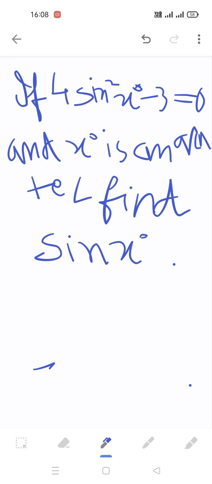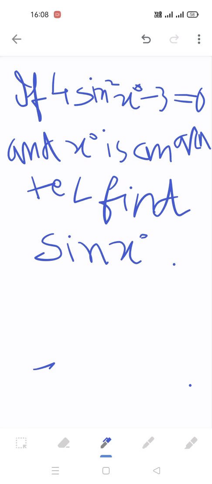ओके, सो नेक्स्ट क्वेश्चन इज, इफ 4 sin square x degree minus 3 is equal to 0 and x degree is an acute angle, so find sine x degree.